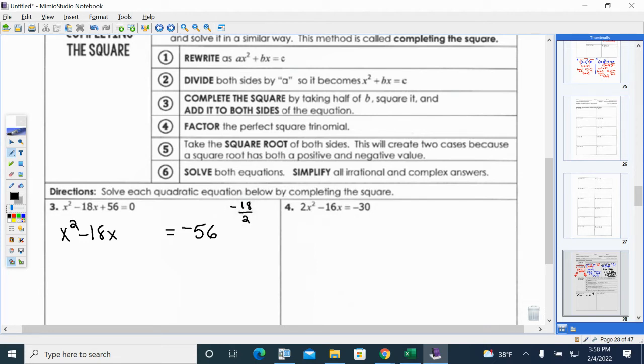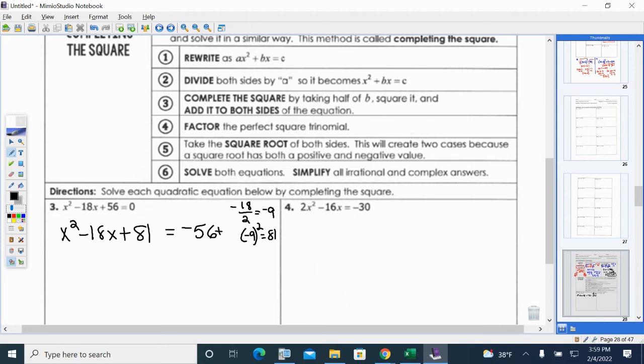So negative 18 divided by 2 is a negative 9. So that's part of it. Take half of b, which I just did. Now I want to square that. Negative 9 squared is a positive 81.